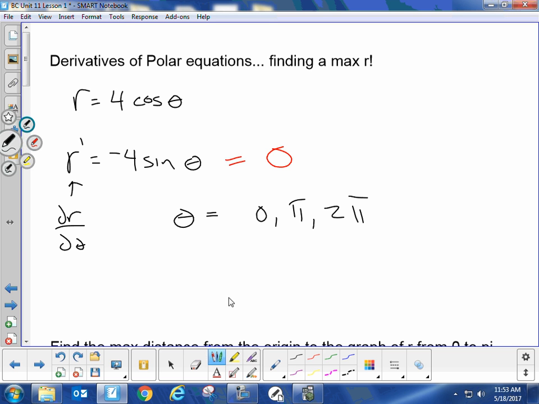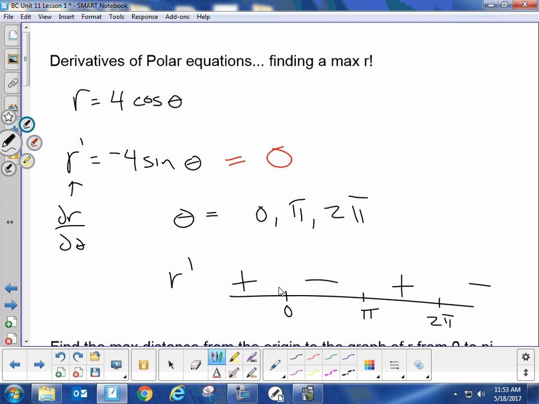Now, what's very interesting about this, if we looked at r prime, 0, pi, 2 pi. Now, understand r prime is negative, so between 0 and pi, let's think about pi over 4. Sine is positive there, but it'll be negative 4 times that positive value. So this would be negative, positive, negative, positive.